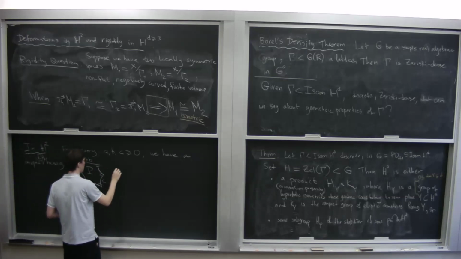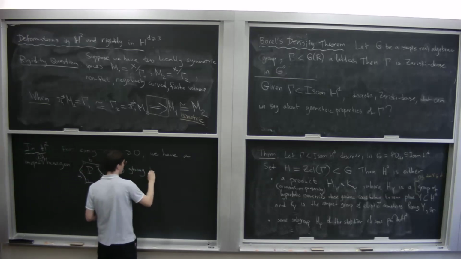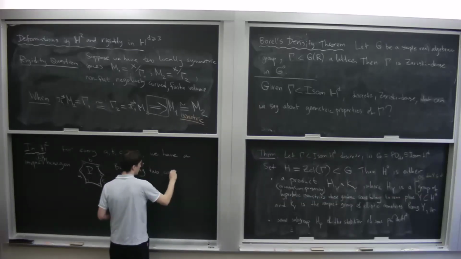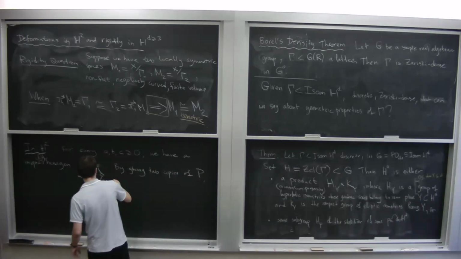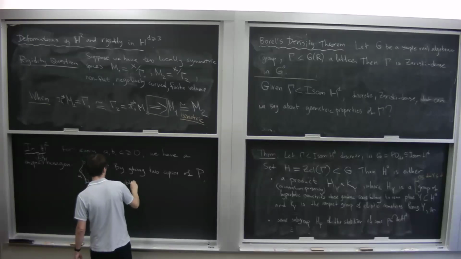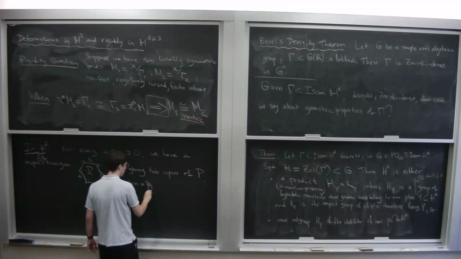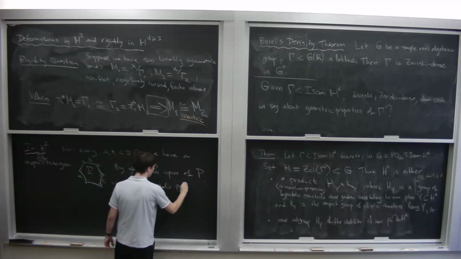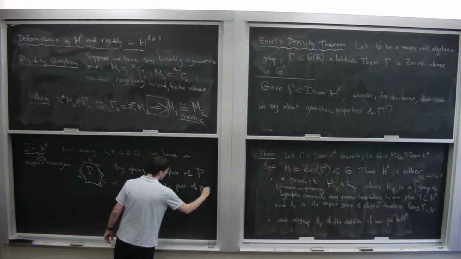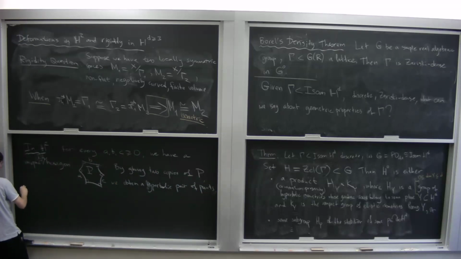So by gluing two copies of P, we obtain a pair of pants, a hyperbolic pair of pants with geodesic boundaries, so with boundary circles.